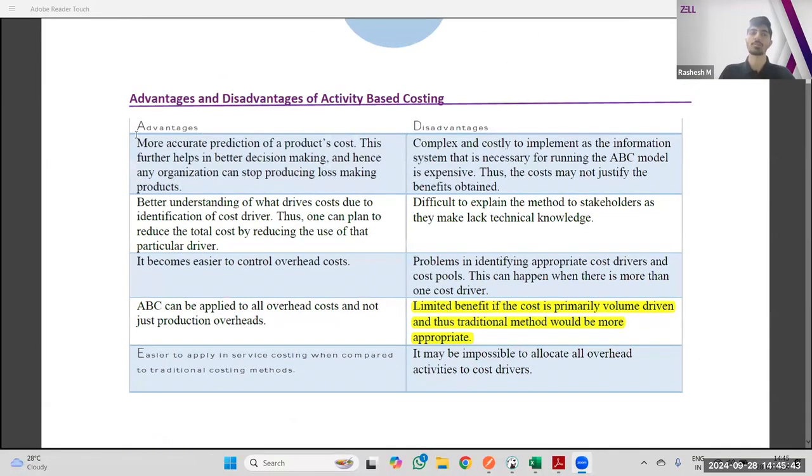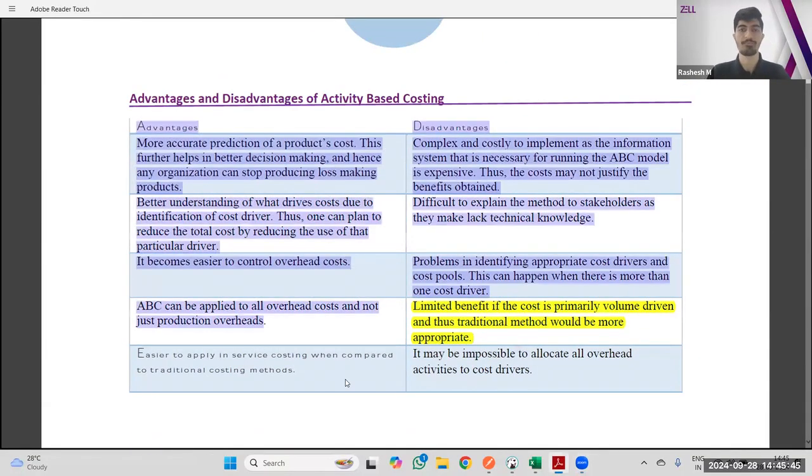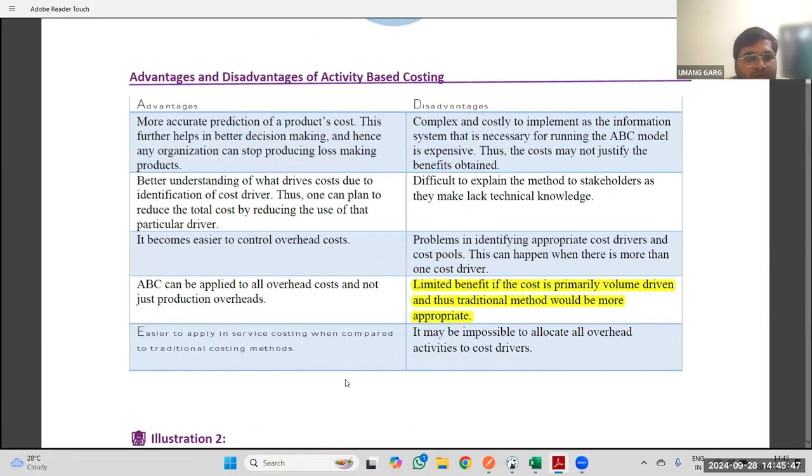Okay. Umang, last thing, if you can just read the advantages. Yes, sir. The advantages of ABC costing: more accurate prediction of product costs. This may further help in better decision making, and hence any organization can stop producing loss-making products. Second point, better understanding of what drives costs due to identification of cost drivers.